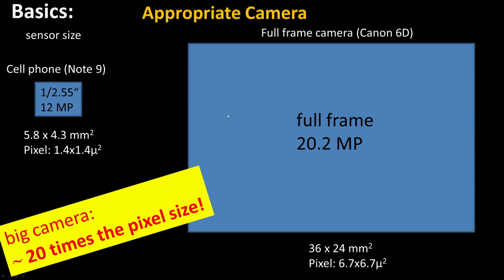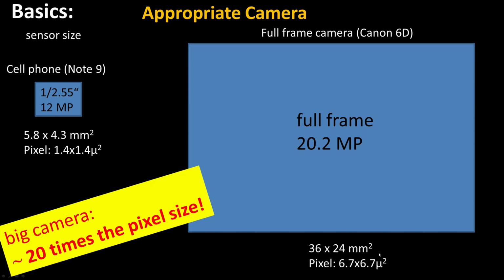If I compare that to a Canon 6D, which is a rather old camera, here I have a 36 millimeter by 24 millimeter frame, drawn to size for comparison, and a pixel size of 6.7 by 6.7 micrometers.